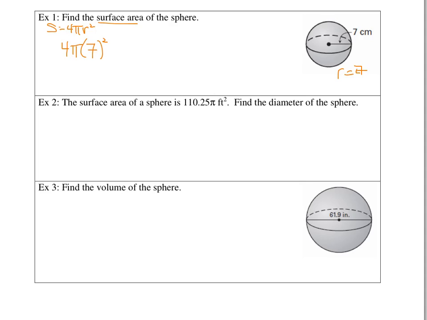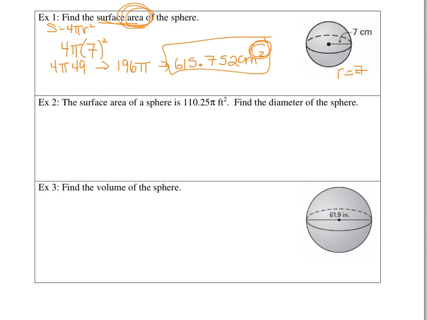If I multiply my 4 times my 49, I end up with 196 pi. When I simplify that, I get 615.752, and this would be centimeters squared because you've got area, so you want to do squared with your final answer. When we're doing volume, we're going to do it to the cubed power.